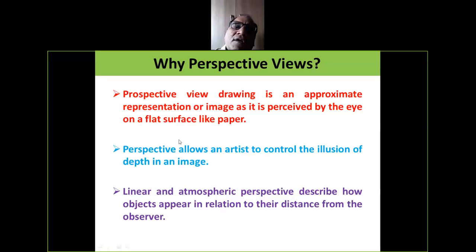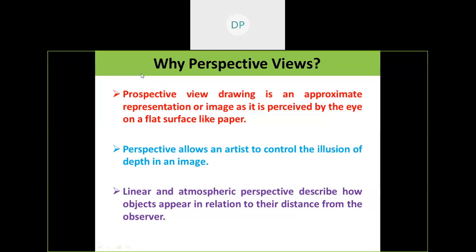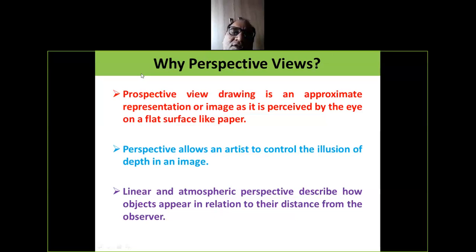Given paper, whatever the object image is on a flat surface on paper, this can be actually seen by the eye. It allows an artist to control the illusion of depth.